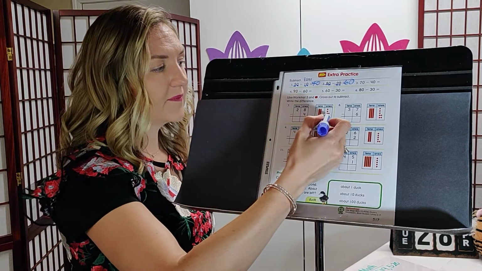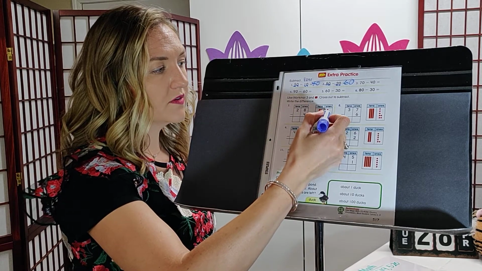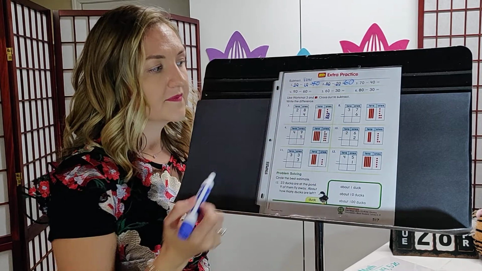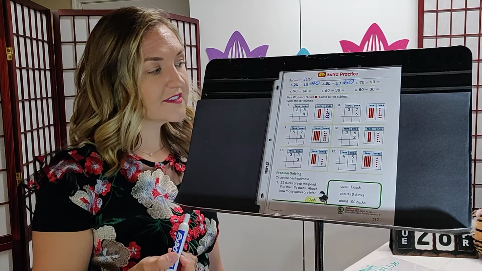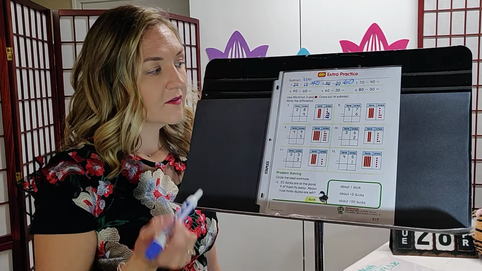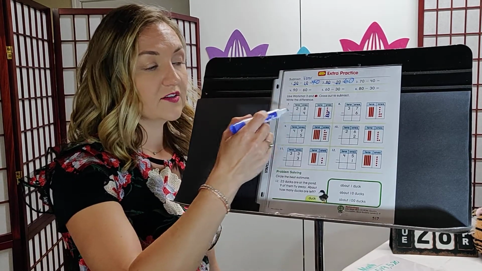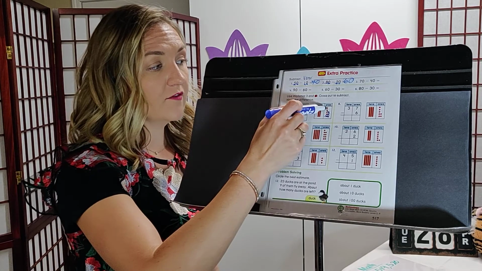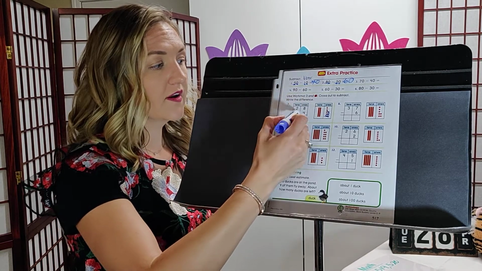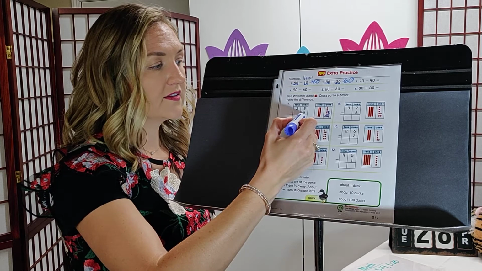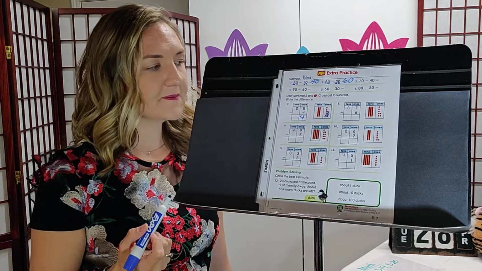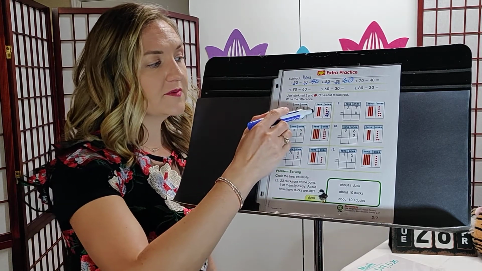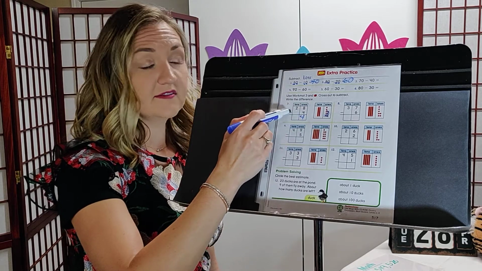Let's go ahead and do that. 1, 2, 3, 4. How many are still left? Well, you started with 8 ones, you subtracted 4 of them, and you have 1, 2, 3, 4. You have 4 left. We're going to put that in the ones column. There are 4 ones. And we started with 2 groups of tens, and we didn't subtract anything.